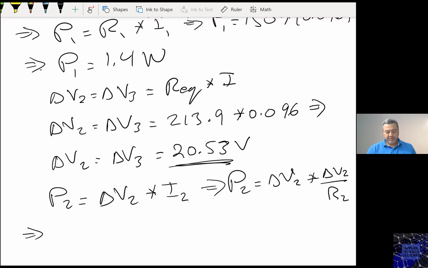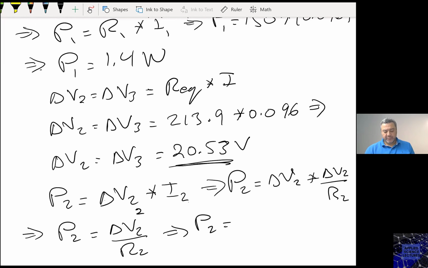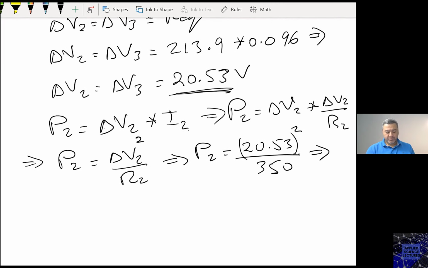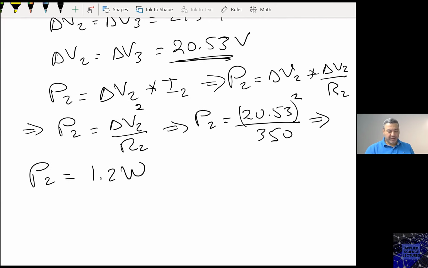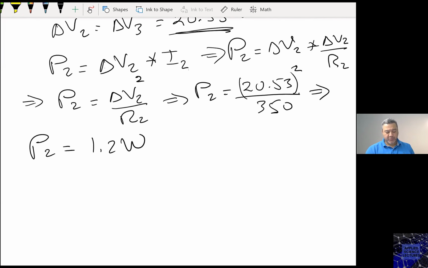So P2 is delta V2 squared divided by R2, and in this case, P2 will be 20.53 squared divided by 350 ohms, and P2 is 1.2 watts.